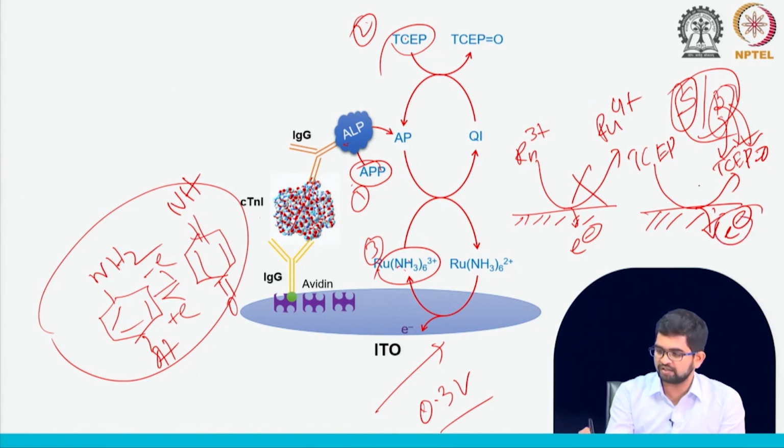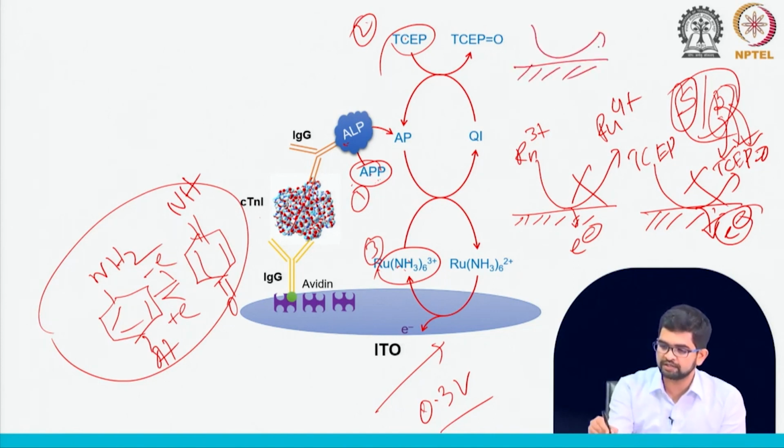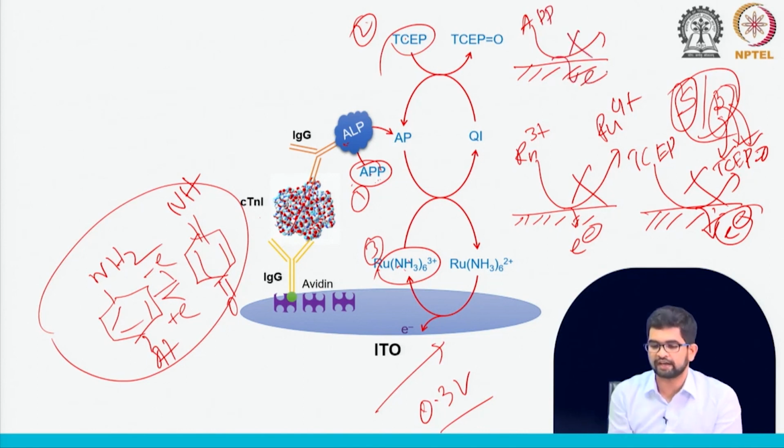This electron release should almost be stopped. If it is slow, then it is a very good sensor. Okay. So, this should also be a slow process. Another, APP, this is also a starting agent here. So, on your sensor surface, your APP also should not react. So, you have to keep these conditions in mind to get low background current.